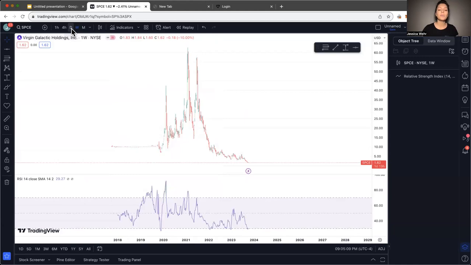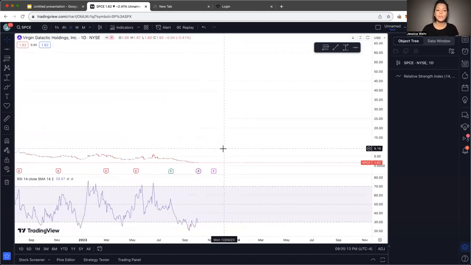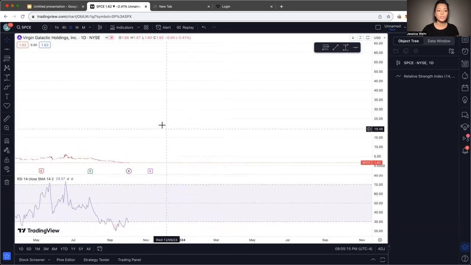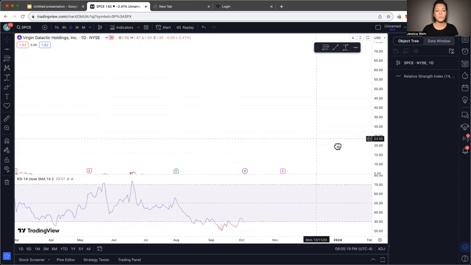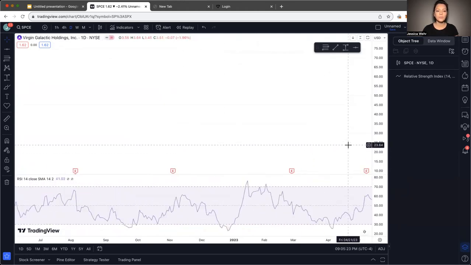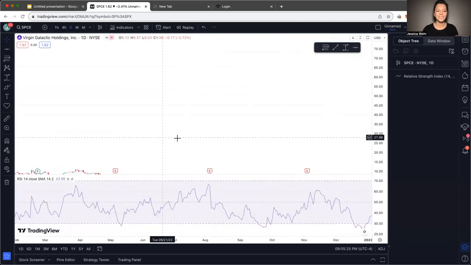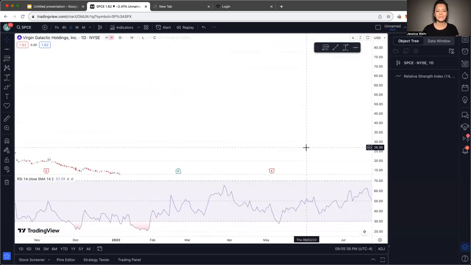So in that case, I'm going to switch over to the daily chart so this is more visible because there is very low trading volume here. So the candles are very small, and I want this to be more visible. It's disappearing here. Okay.